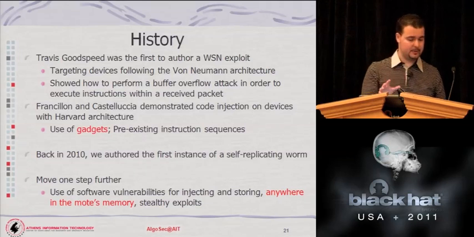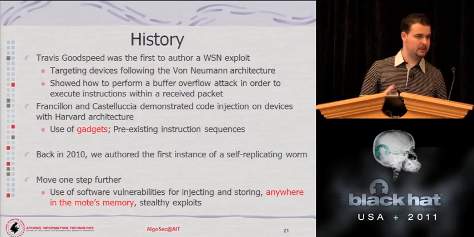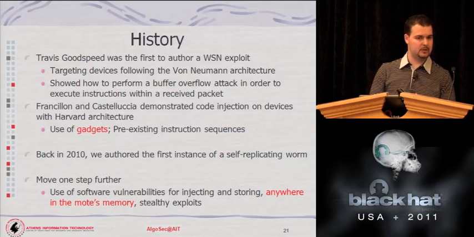Now, based on these code injection attacks, back in 2010, we authored the first instance of a self-replicating worm. We used this technique of sending malicious code instructions through a message stream container to one node of the network.